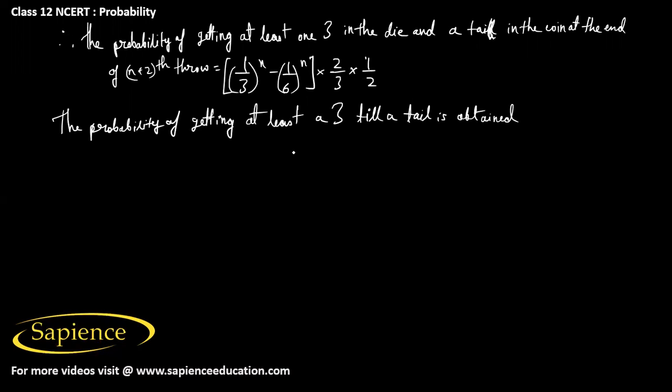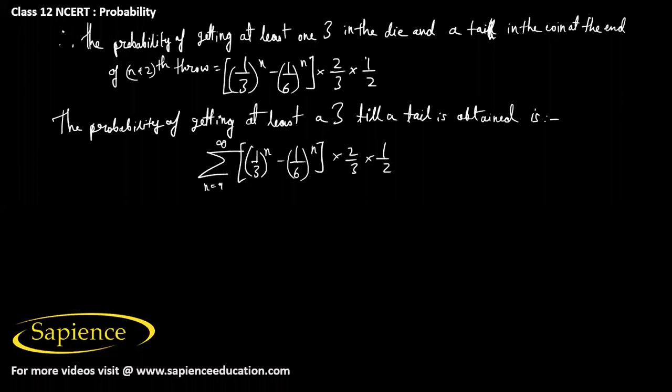It will be equal to the summation, n goes from 1 to infinity, of 1 by 3 whole power n minus 1 by 6 whole power n, into 2 by 3 into half.